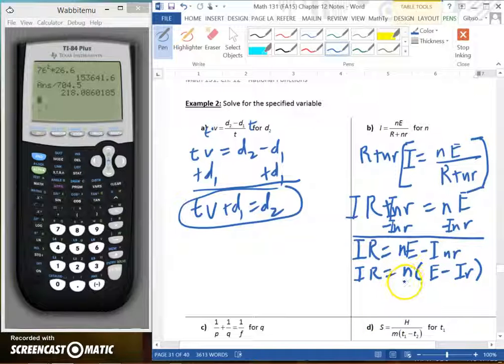Now, to get n by itself, we would divide each side by E minus IR. And then our final answer would be N is equal to capital I, capital R, all over E minus IR. And that will be the final answer.